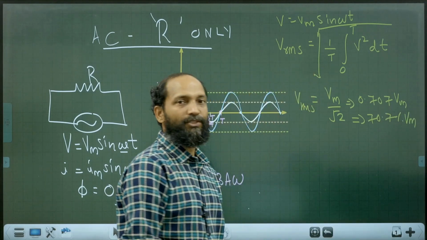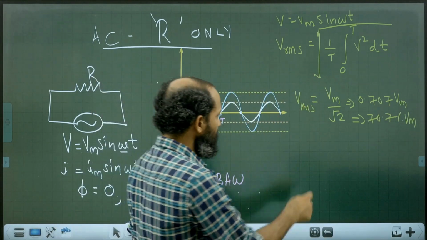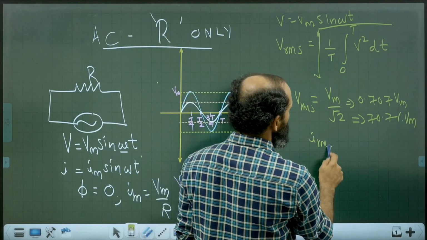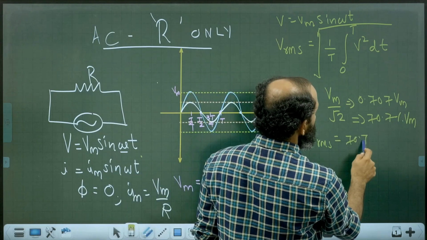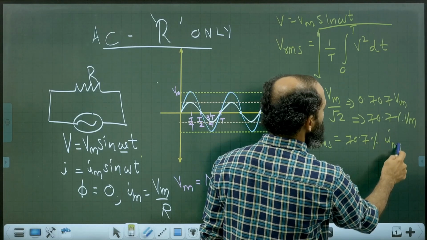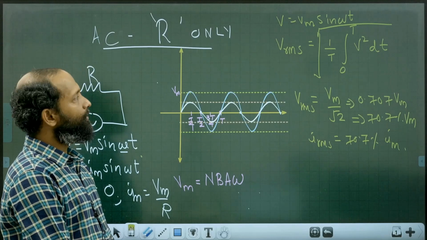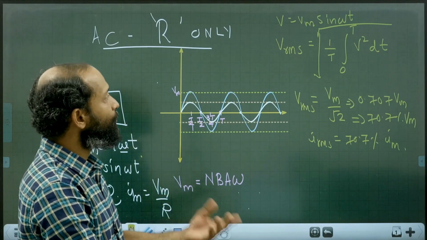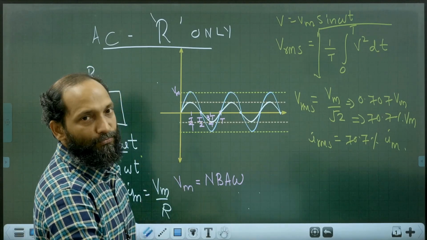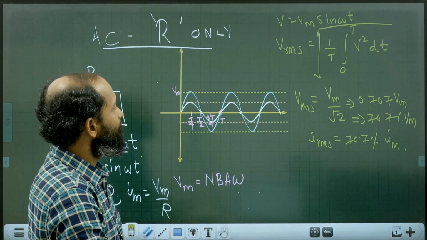That implies 70.7% of Vm. So root mean square value of current, Irms, similarly is 70.7% of the peak current. And that is the steady value defined for the entire full cycle of AC voltage as well as current.